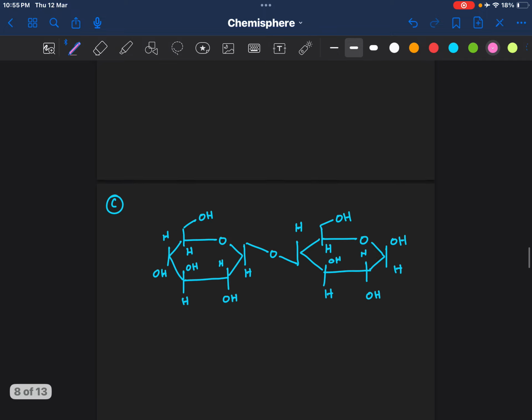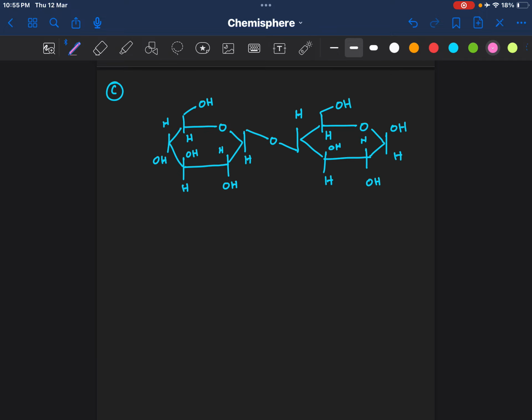Let us look at the third option. Let's give the numbers 1 2 3 4 5 6 again. You can see that the individual monosaccharides are both beta D glucose.